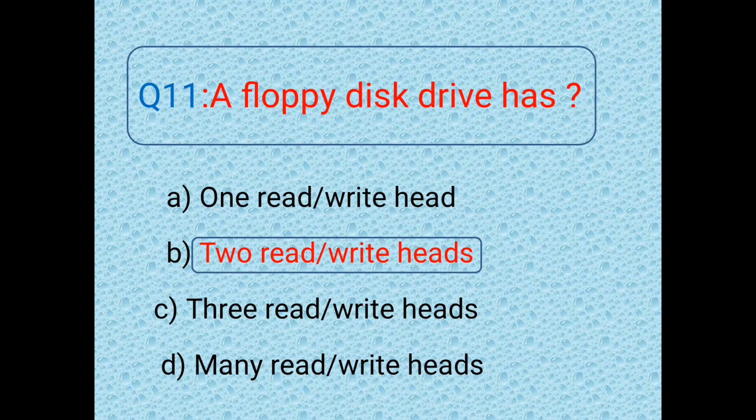It is used in the computer system for storage and transfer of small amounts of data. It should be noted that a floppy disk consists of 2 read write heads. So the correct option is B, 2 read write heads.